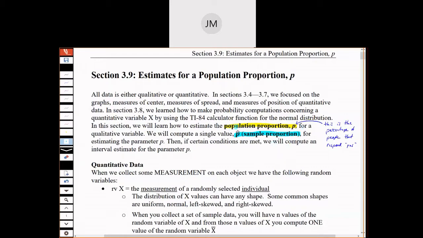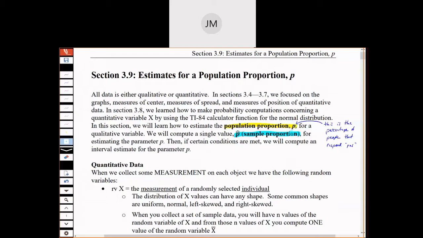I could think of all Harper students as being my population, and I could think of just this class as being a sample. So if I ask this class what percentage of people think online learning is better, then the percentage of people that say yes would be the p hat. The percentage of all the Harper students that say yes, that would be the p. And those two wouldn't be the same, but we're going to use our sample as an estimate for the population proportion. And we're going to talk about different ways that we can estimate it.